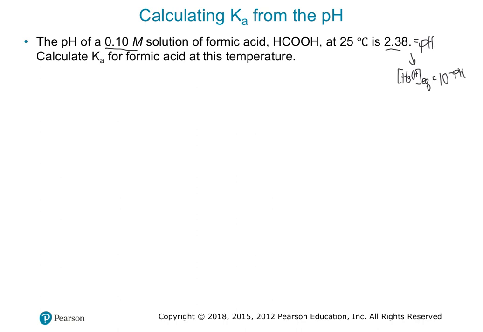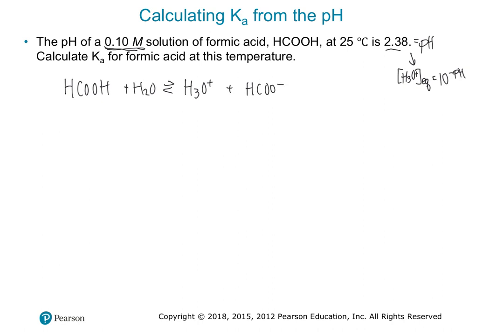If you get a pH and you know your initial concentration, you know everything you need to find the Ka. So here let's do my dissociation. I have formic acid in water, breaking into hydronium and formate.